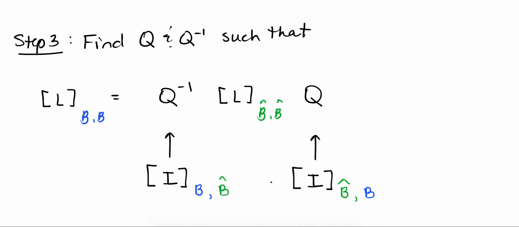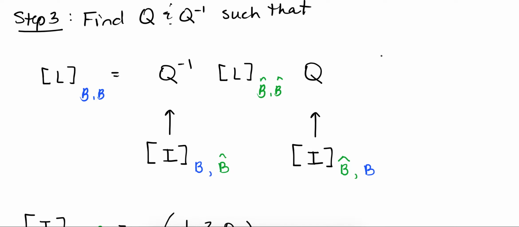Well, to figure out the Q, you have to find this change of basis matrix. And I want to get rid of this basis and make it this basis. So to get rid of this B and get the new B, so get rid of this B hat, I have to put the B hat here and the B here, and then put the B hat here and just the regular B here.